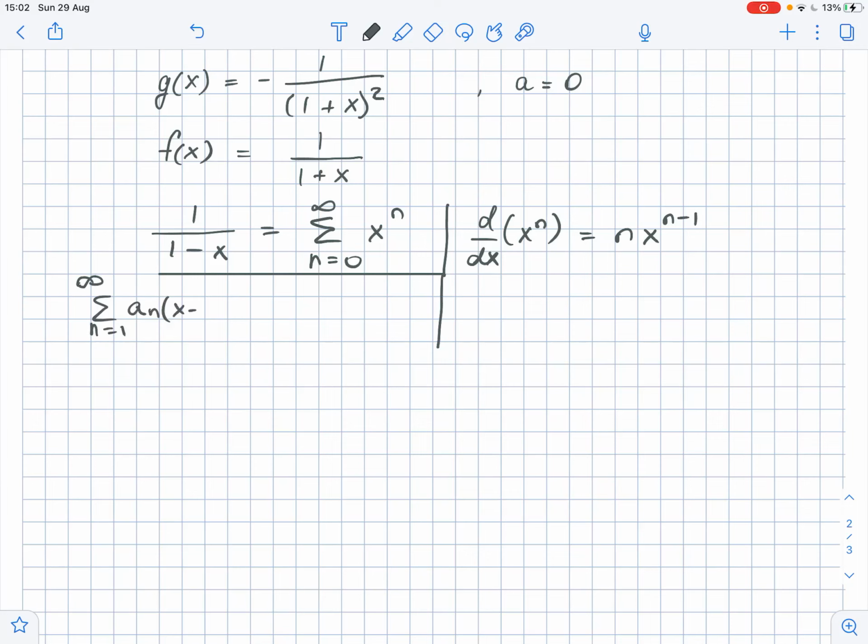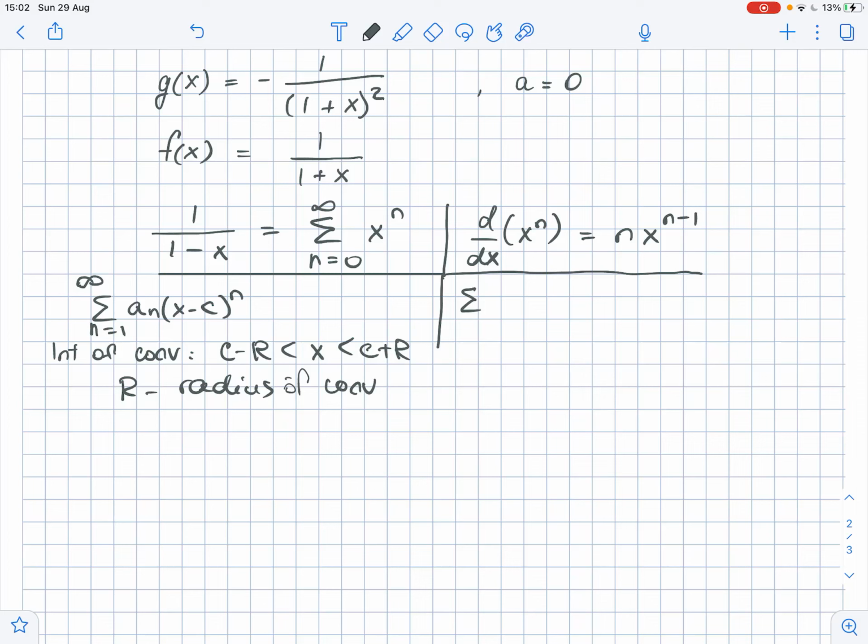The other fact that we will use is that if the sum from n equals 1 to infinity of a_n times (x minus c) to the power of n is a power series with radius of convergence r, then the interval of convergence is c minus r is less than x, and x is less than c plus r, where r is the radius of convergence.